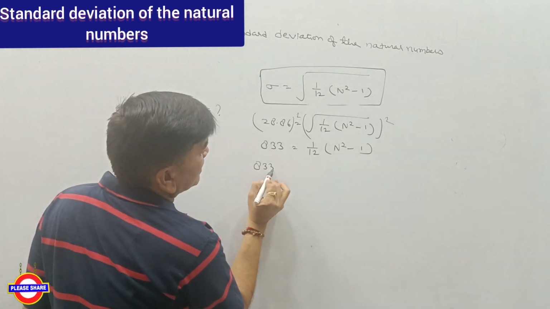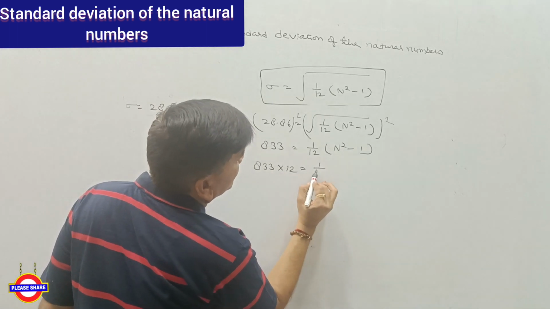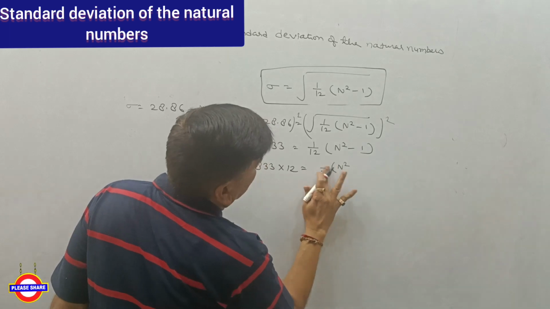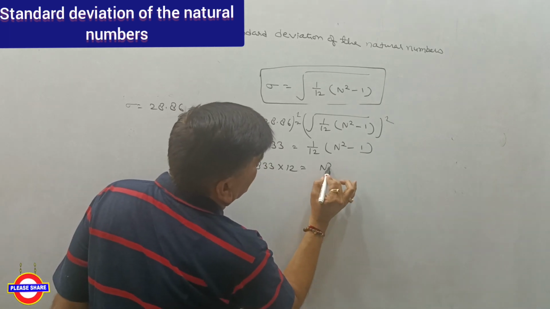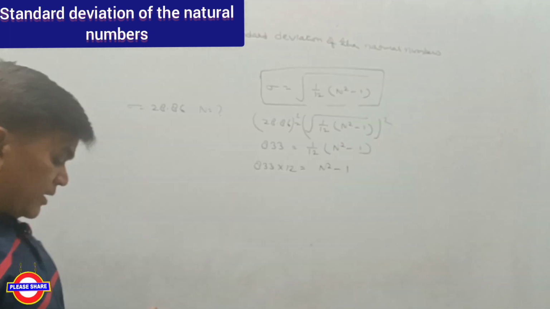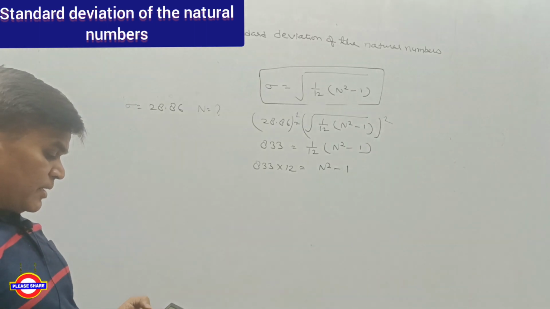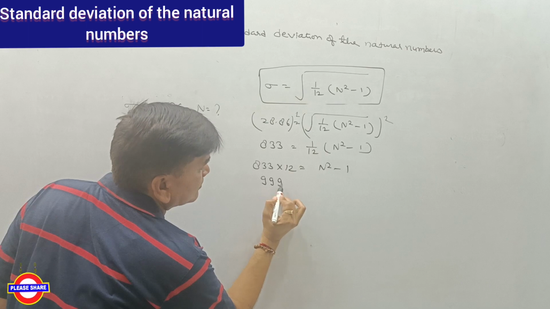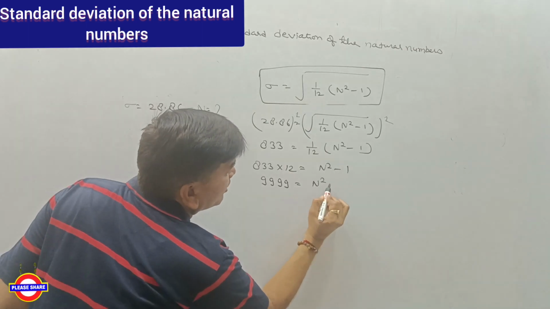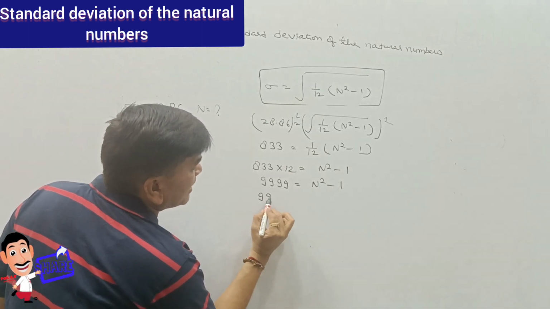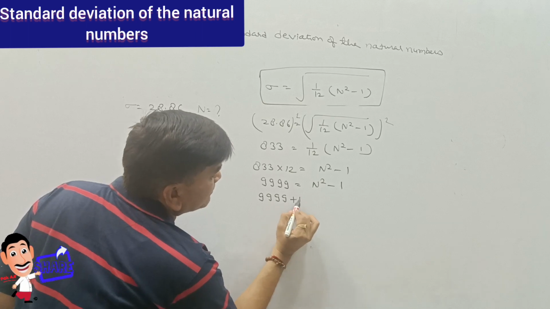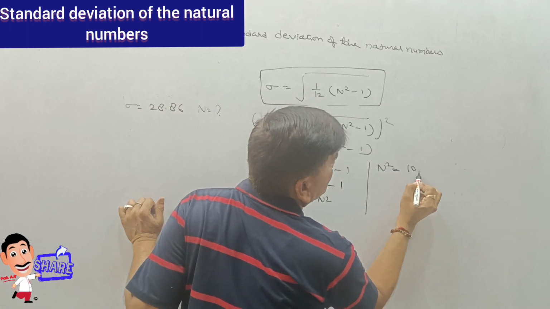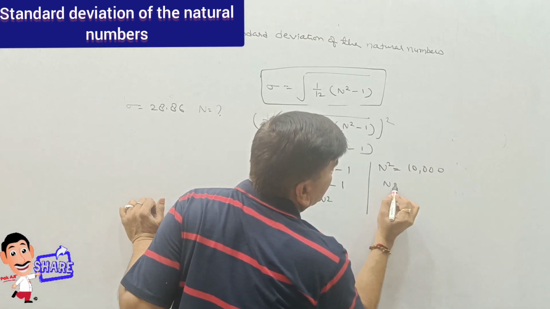Multiplying 833 by 12, we get 9999, which is equal to n squared minus 1. So 9999 plus 1 is n squared. It means n squared is 10,000, so the value of n will be 100.